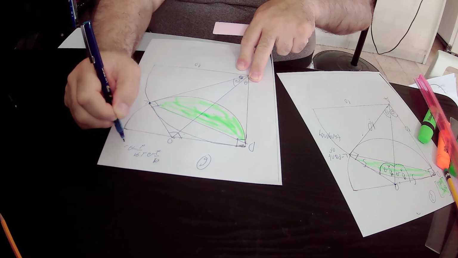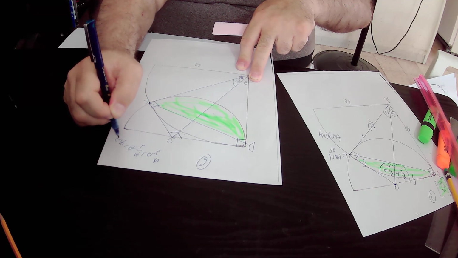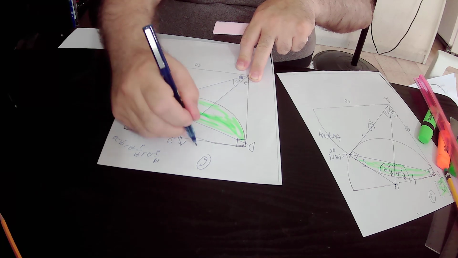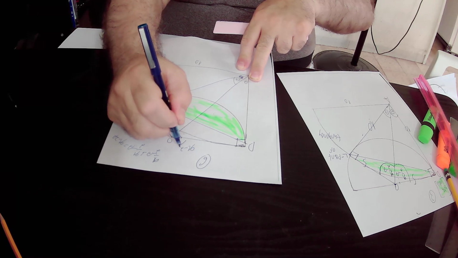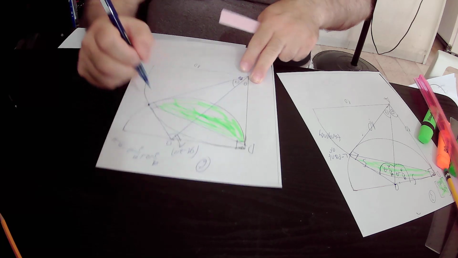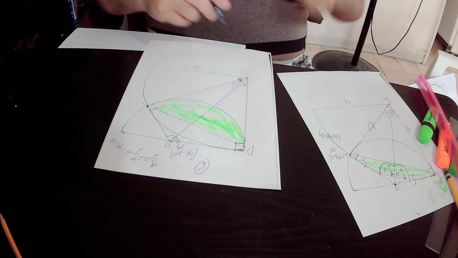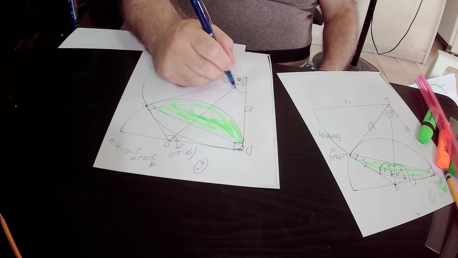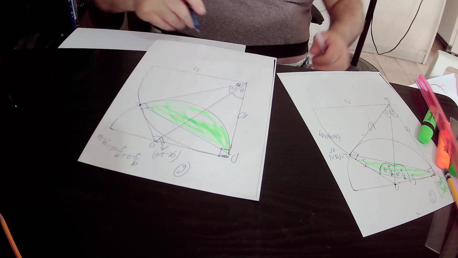This is actually pi minus 2 theta. So this angle equals pi minus 2 theta. So what is the area of the lower circular segment DL?